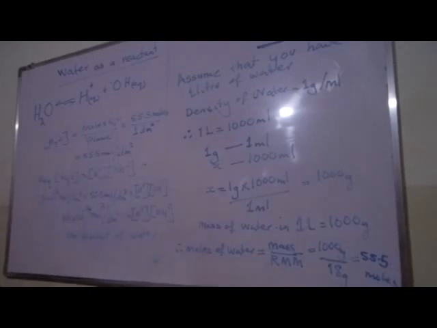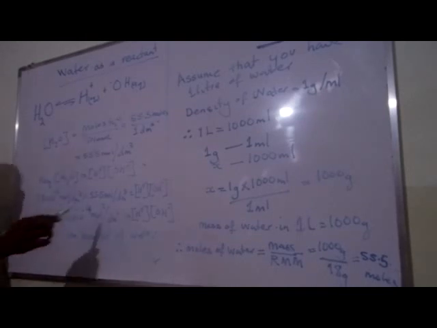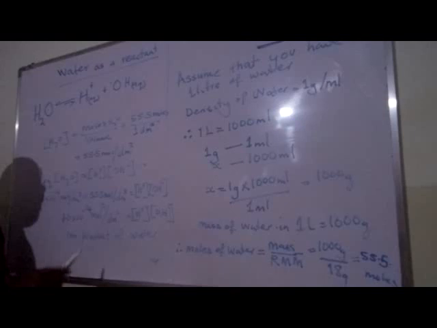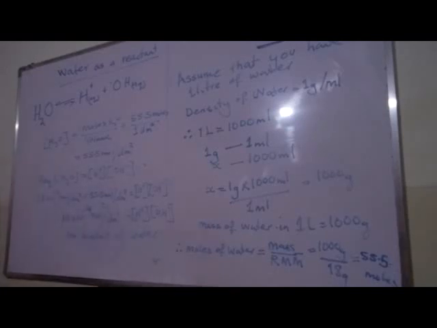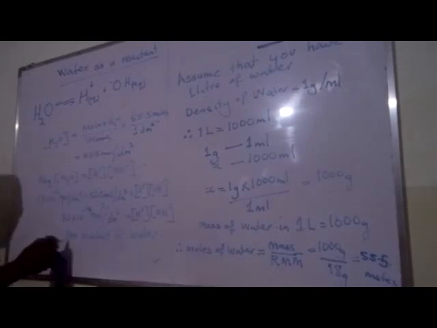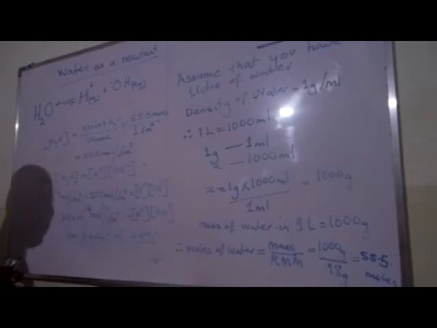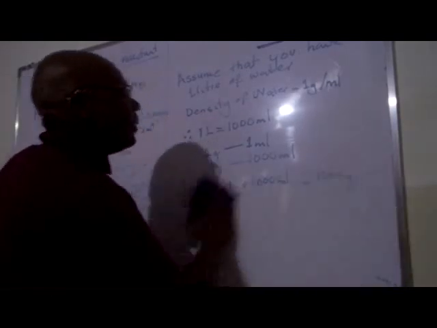It tells us that if you multiply the concentration of hydrogen ions in solution and the concentration of hydroxide ions in solution, it will give you 1.0 times 10 to the power minus 14 moles squared per decimeter to the power 6. This is called the ion product of water. Very important equation which we must know. We must keep it on our fingertips. Very important parameter to use.